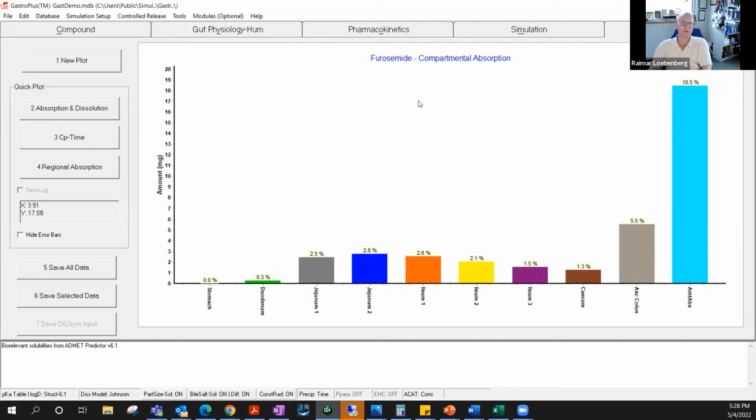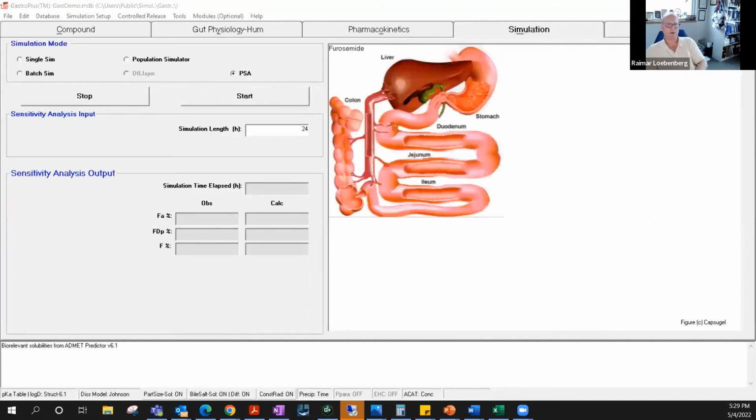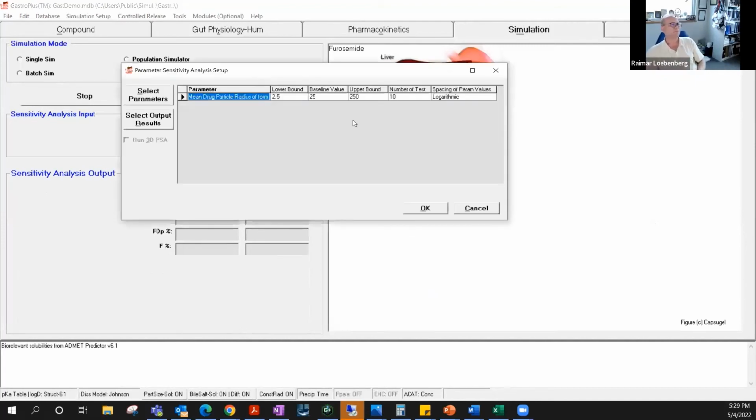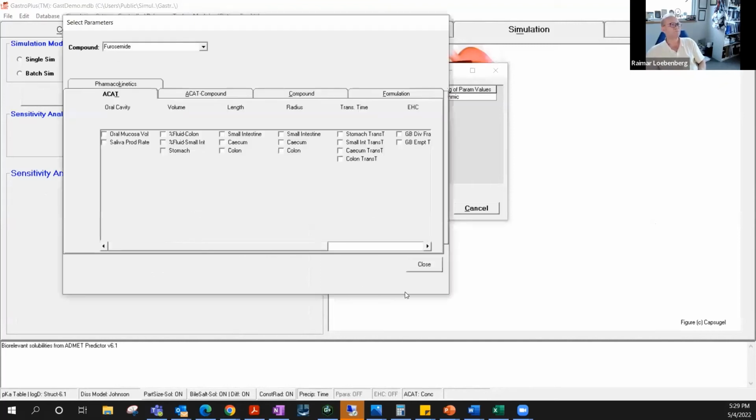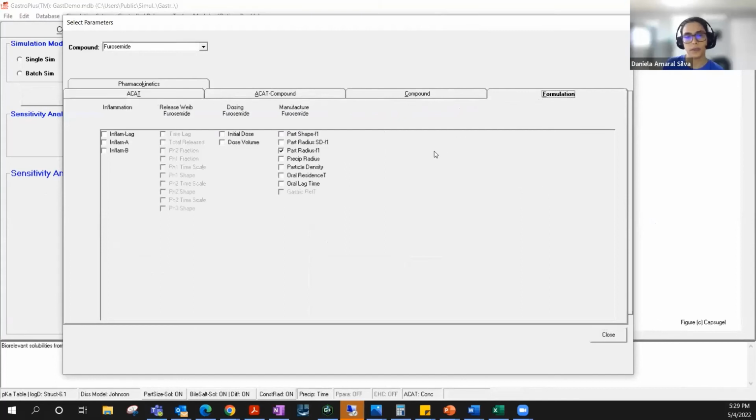Now the next question we asked the students: if we now do a particle parameter sensitivity analysis, how can we improve the bioavailability? So we would go back to the parameters, select the parameter, go to the formulation, and do the particle radius again, and do a parameter sensitivity analysis.